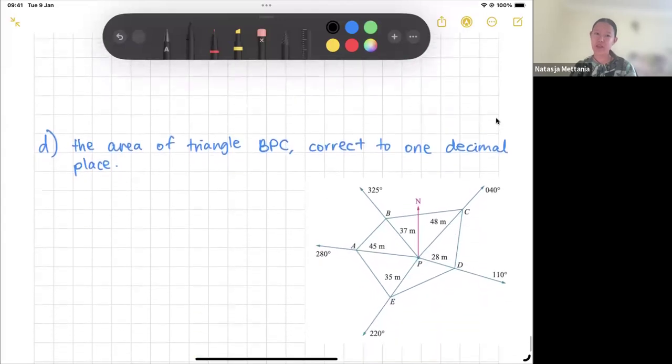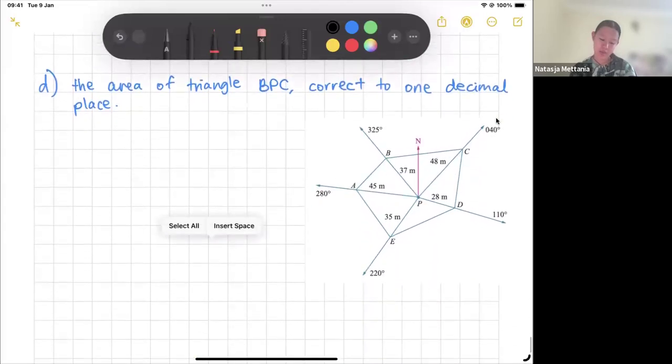Lucky last question. Question D: find the area of the triangle BPC. I know that this angle BPC is 75. Using the area of a triangle formula, if you don't remember it, take out your reference sheet.